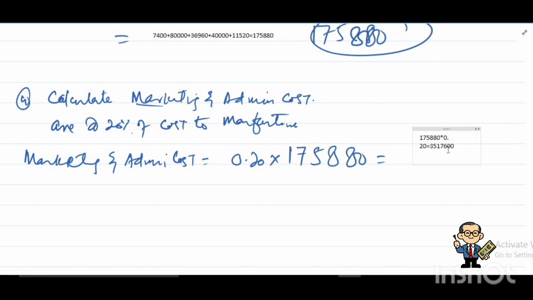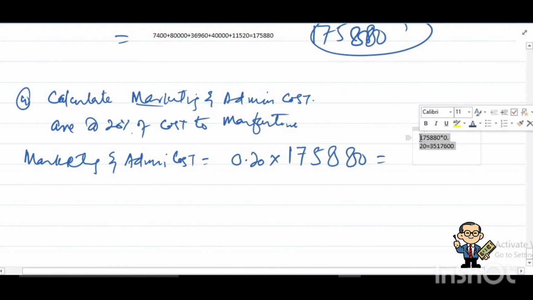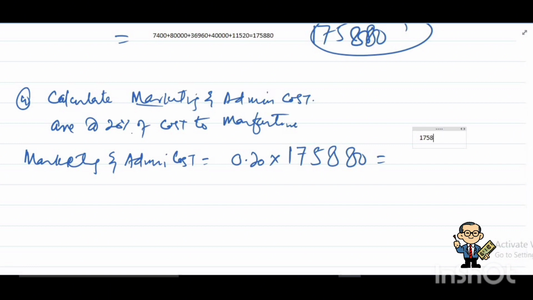Again, I think this is wrong. 20%, 175,880 multiplied with 20 divided by 100 gives 35,176. Okay, I think this one is the right one. This is the marketing and admin cost.